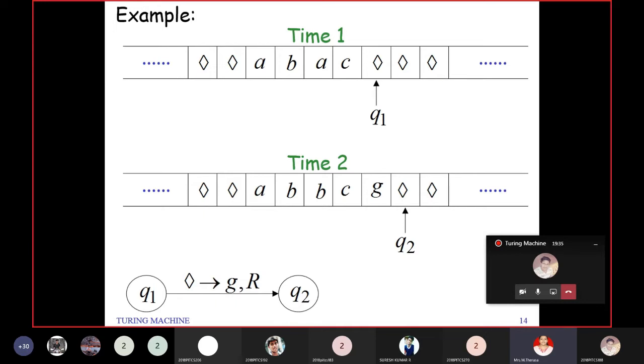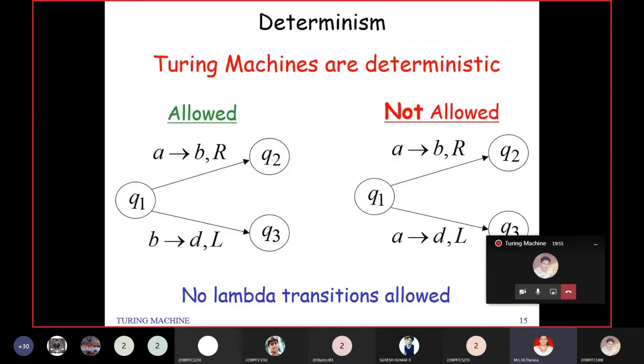If so, at time T1, you are pointing at a blank and you are in state Q1. And at time 2, you have to rewrite that blank into G and the tape head should point to the right symbol of this G, that is a blank. And the state must be changed as Q2.